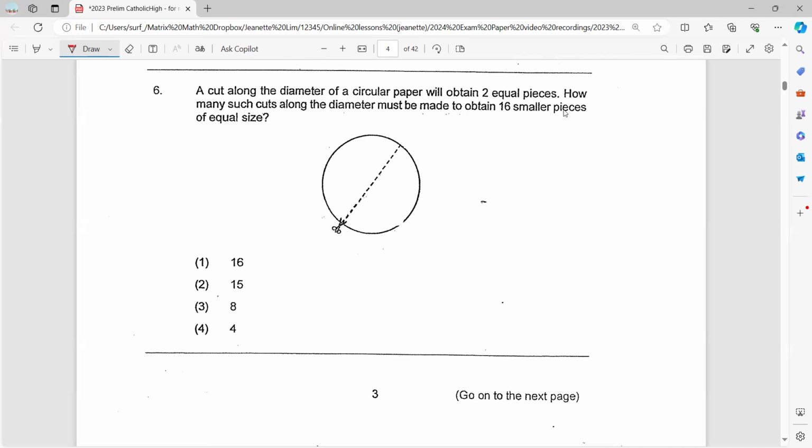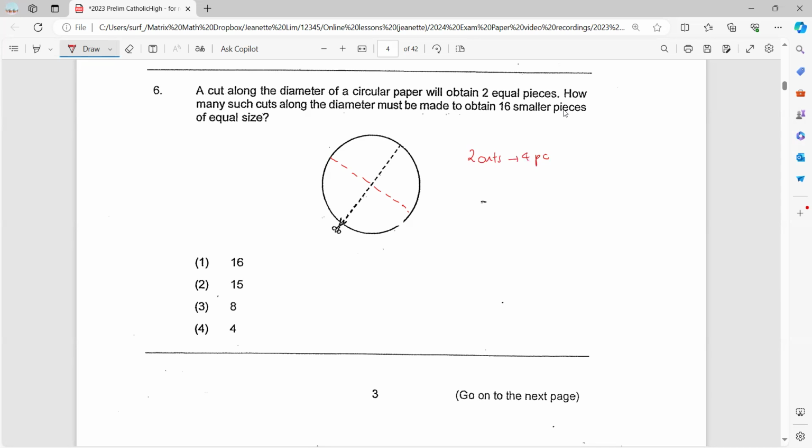Okay, you want equal sizes. First, let's cut it this way, maybe. Then you get 4 pieces, right? So 2 cuts.